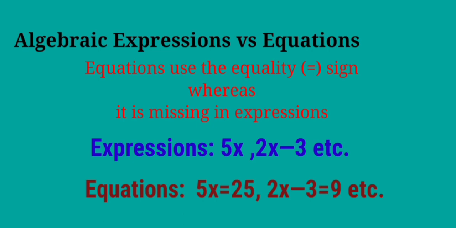Expressions are like 5x, 2x minus 3, meaning they do not have an equality sign, so no left hand side and right hand side. Whereas examples of equations are 5x equals 25, 2x minus 3 equals 9, etc. They have two sides, left hand side and right hand side, because of the equality sign between them.